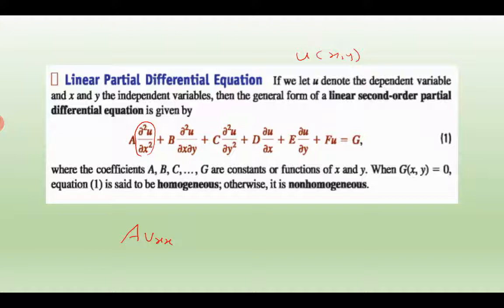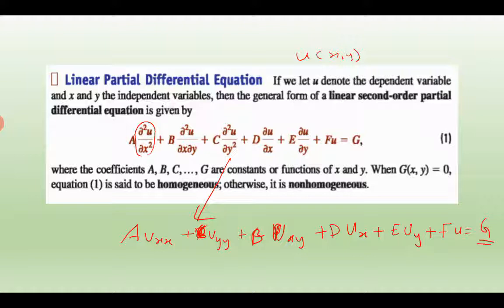A times u_xx plus b times u_xy plus c times u_yy, plus d u_x plus e u_y plus f times u is equal to g. The right side is also a function of x and y.